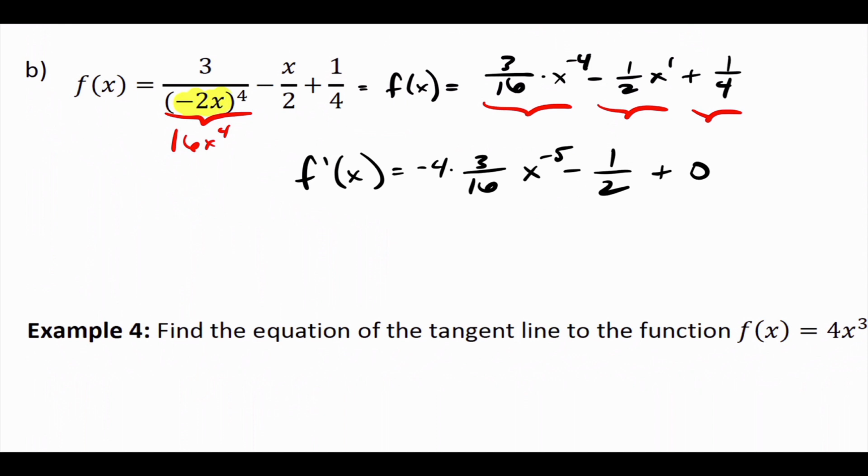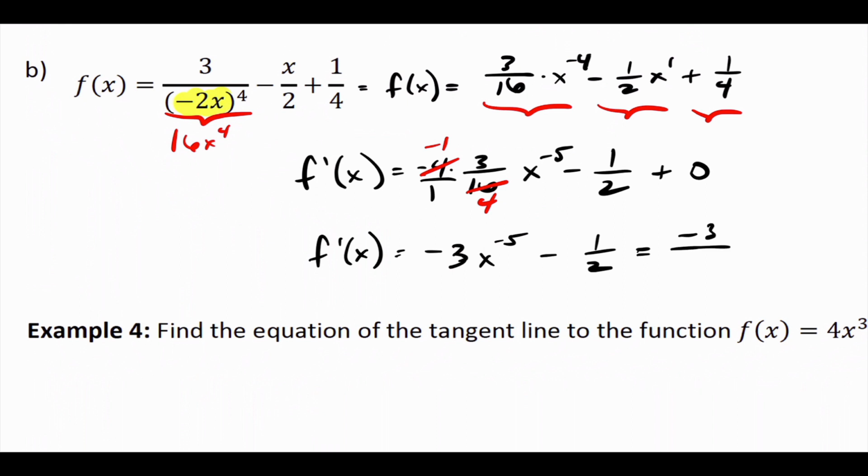So we multiply. I can simplify this to make -1 and +4. So it's going to be -3x to the -5 minus 1/2. Clean it up a little bit. -3x to the 5th minus 1/2. And you're done. That's the derivative.